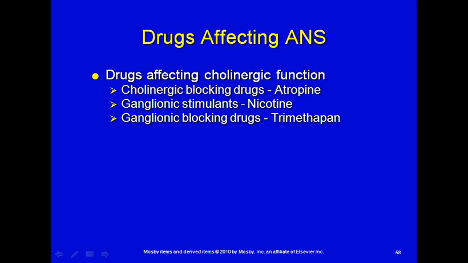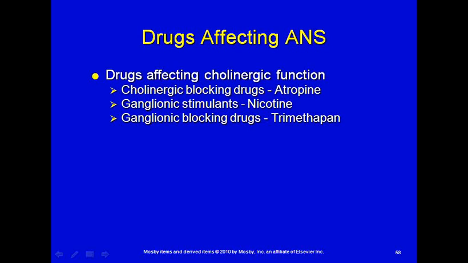Ganglionic stimulants include nicotine, and in your autonomic nervous system, in addition to your acetylcholine receptor sites, you also have muscarinic and nicotinic receptors. Acetylcholine fits into those muscarinic and nicotinic receptors.